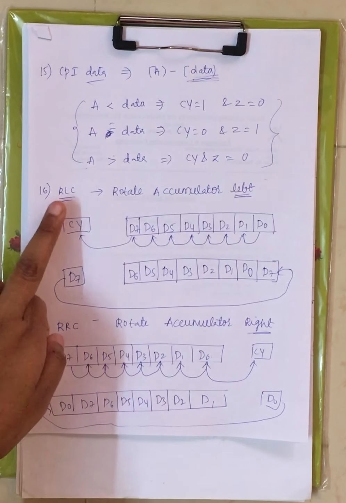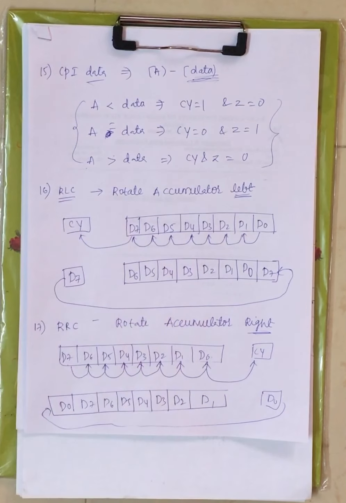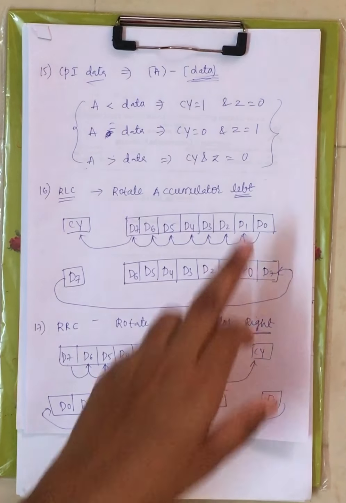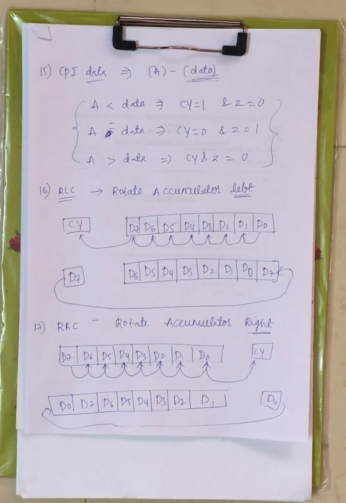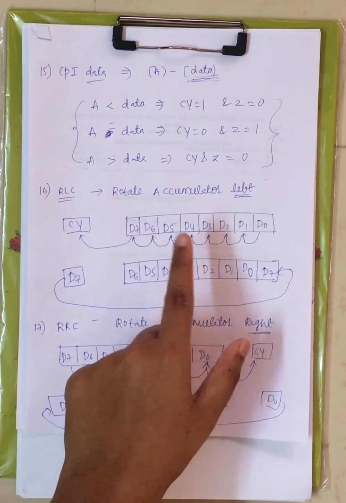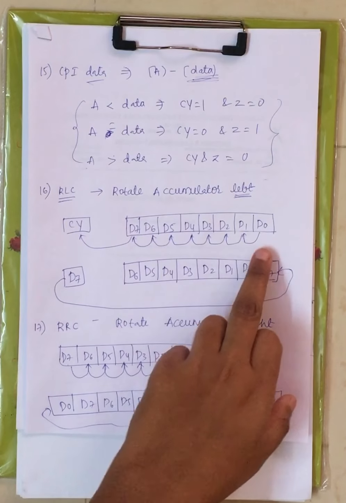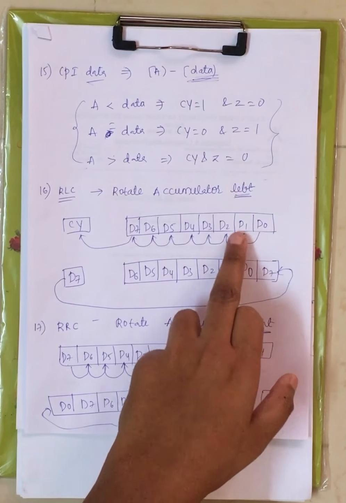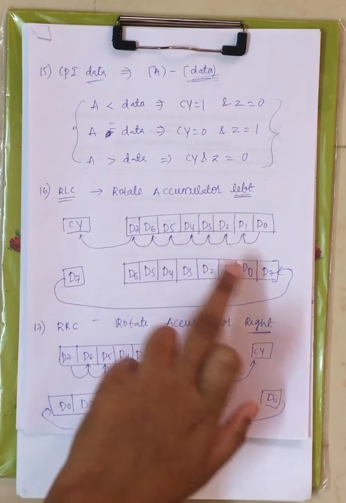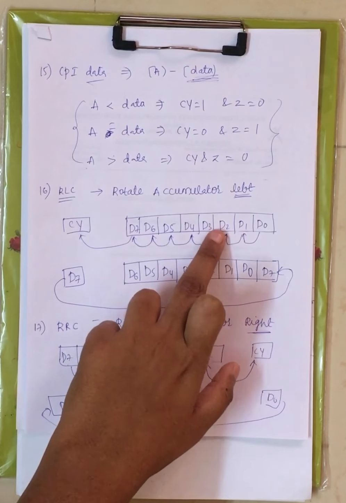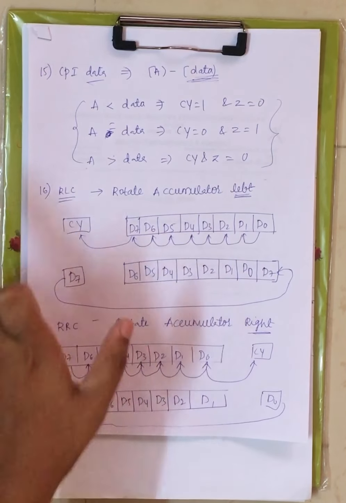Now let me briefly explain. RLC is Rotate Accumulator Left. Using this instruction we can shift each bit by the adjacent left position; the name itself indicates left. I have taken an example: you are shifting each bit by the adjacent left position, D0 to D1, D1 to D2, D2 to D3 and so on, right?